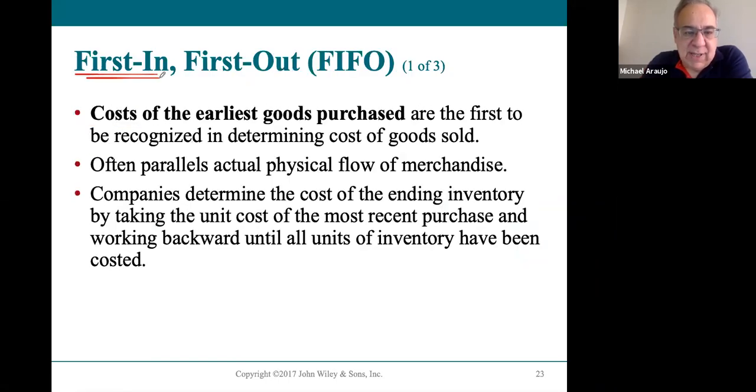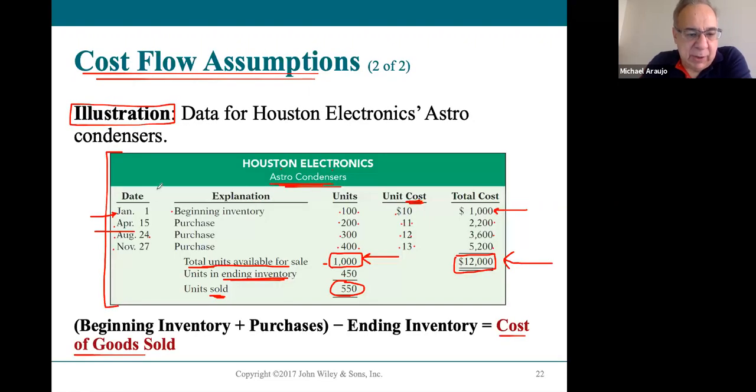FIFO means first in. In terms of when you look at the list, which are the first goods that you see? The first goods that you see are the ones in the beginning inventory. Those are the first ones. The first ones in are at the top of the list. January, these 100 are the first ones.